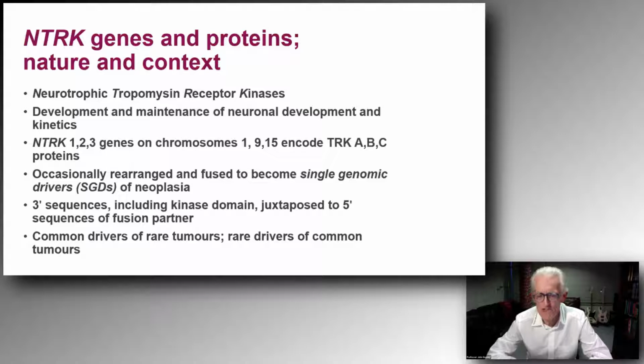And in those tumors, they're almost always driven by NTRK fusion. And then we've got a group of common tumors, Carlos already mentioned these, in which they are rare drivers. And that determines, of course, how we test them and what tools we use. Next slide, please, Emily.